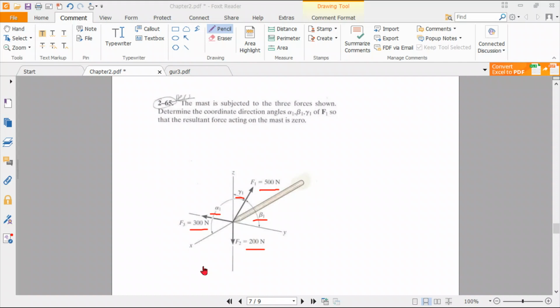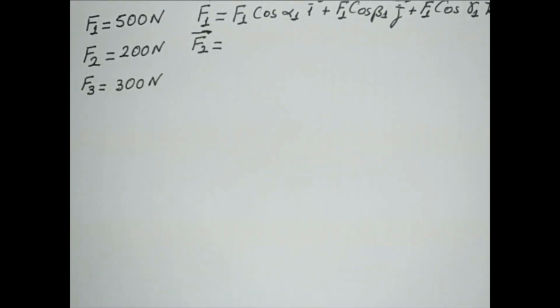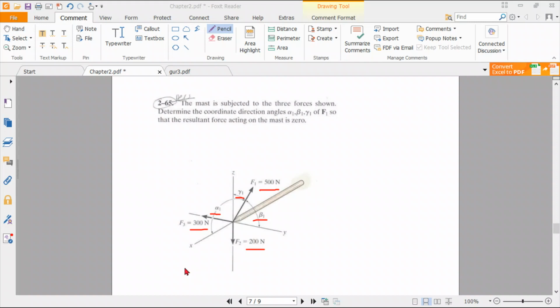So F2 is minus F2 k. Now let's look at F3. F3 is in the negative y direction and it doesn't have any component on the x and z axes. So it is minus F3 j vector.